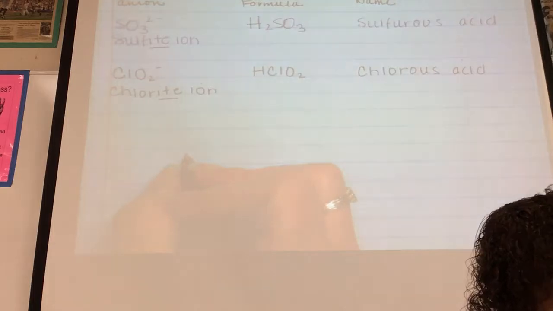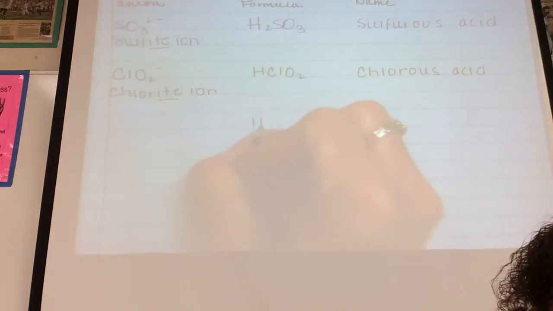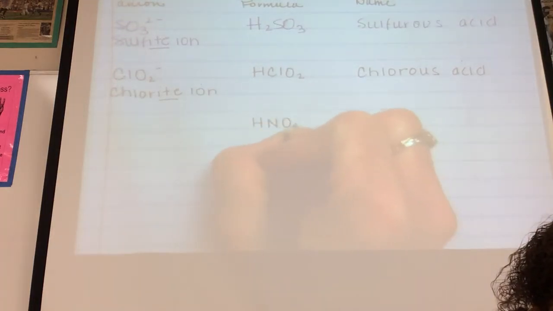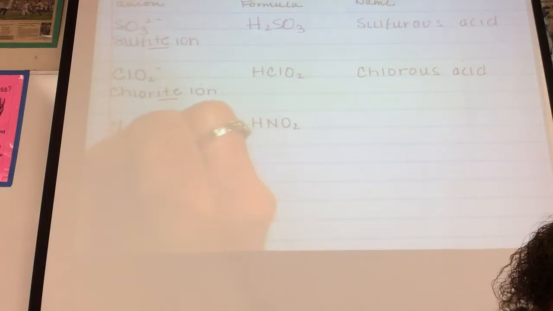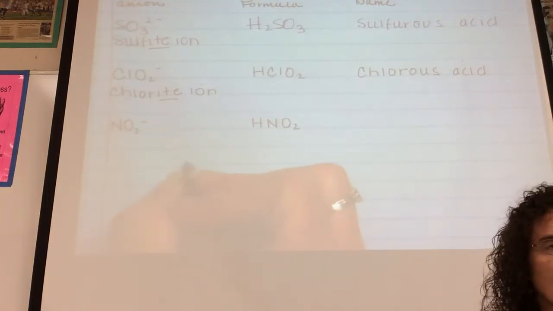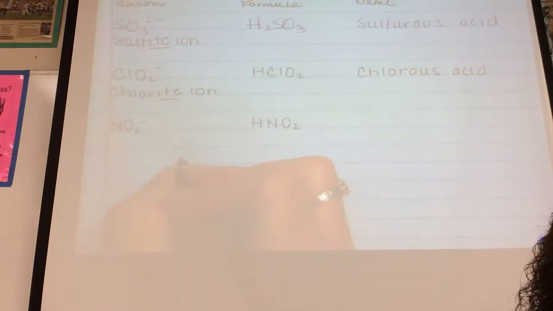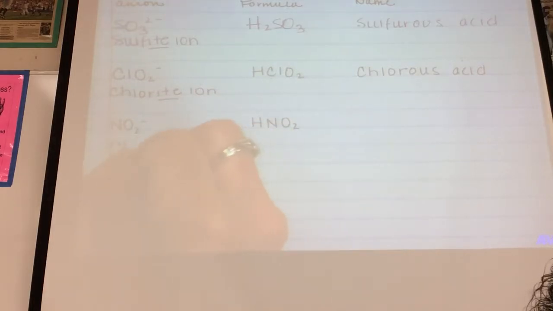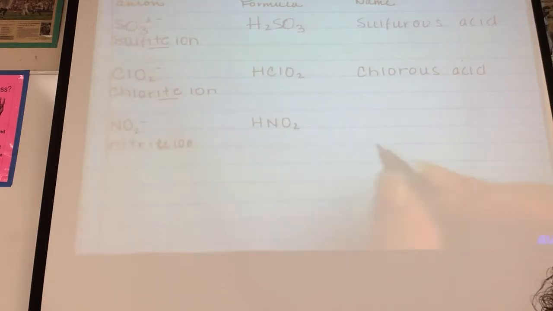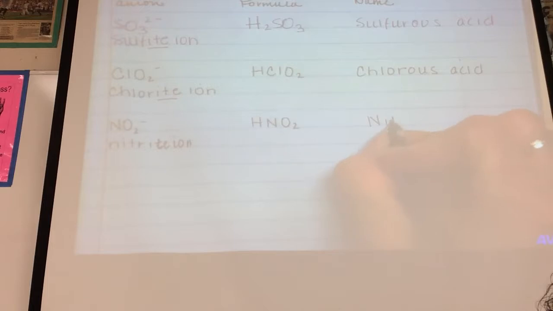Ite becomes ous. So in the next one we have HNO2. NO2 1 minus is what ion? Nitrite ion. And the name of this acid is nitrous acid.